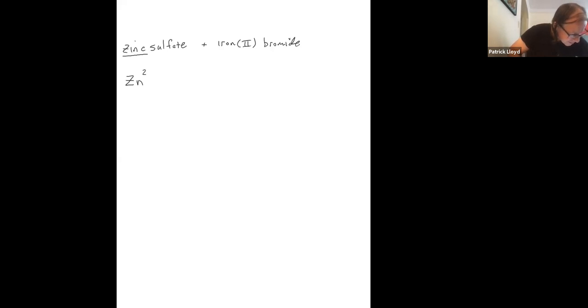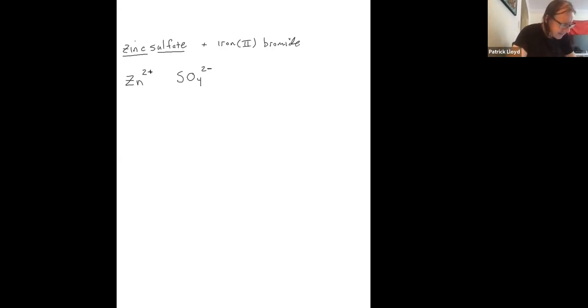Generally, you want to write the number and then the charge as an ion. And then you've got your sulfate. Sulfate is SO4 2-. That's your sulfate ion. And remember, there was a rule about sulfate in there, right? We saw that they were generally soluble with a few exceptions.